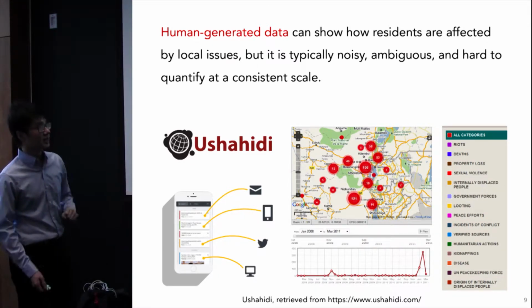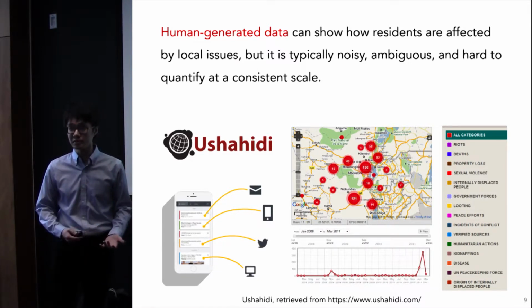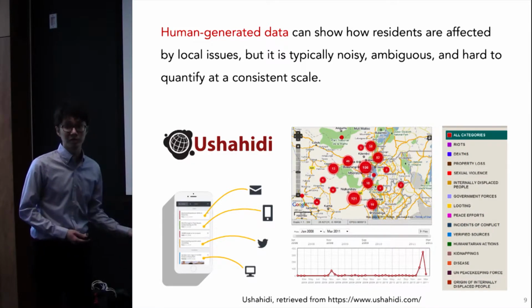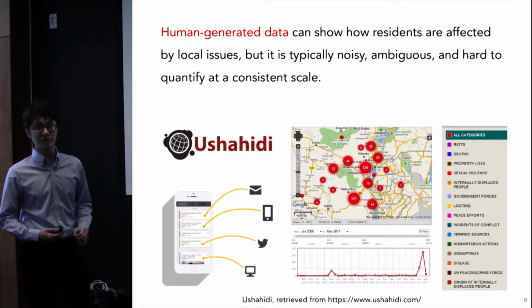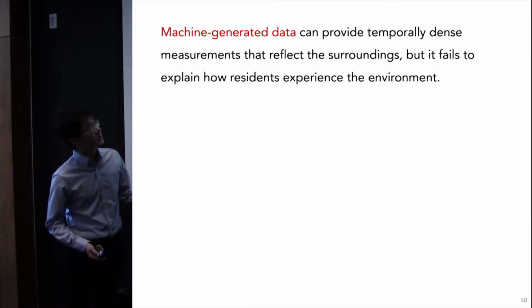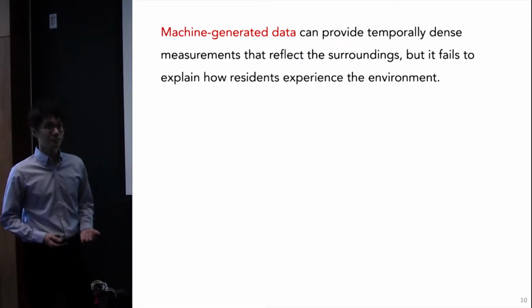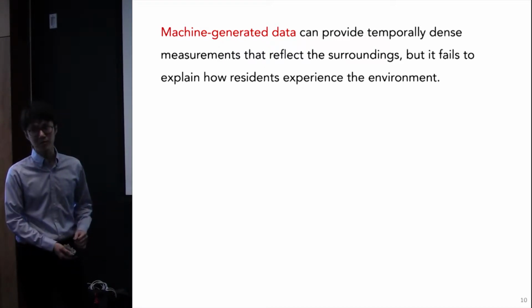This type of data is really useful when the mainstream media is filled with doubts and rumors, and citizens can submit the actual information to the platform. For example, there was post-election violence. Machine-generated data is good at providing temporally dense information, but it fails to explain how residents experience the environment.